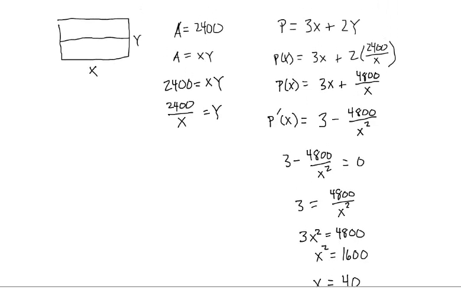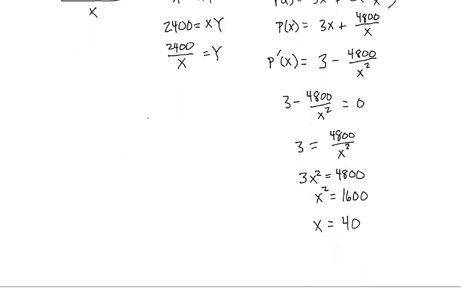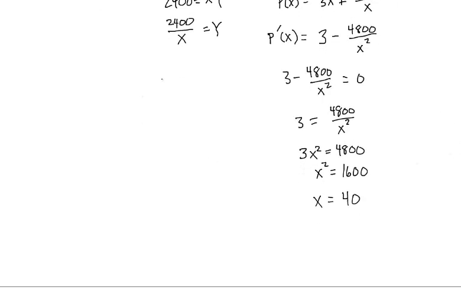Now we want to make sure that that's a minimum. So the way I'm going to approach this is I'm going to take our second derivative. So I'm going to say p double prime of x is equal to 9,600 divided by x cubed.